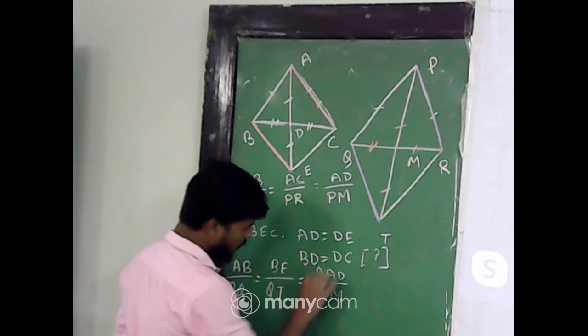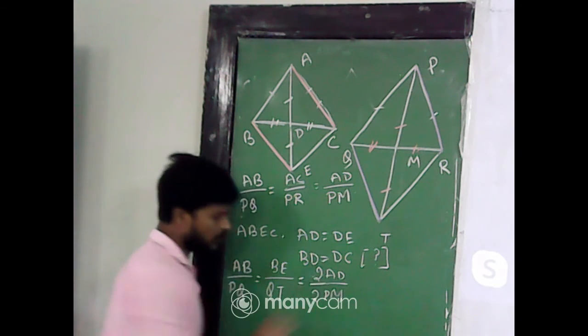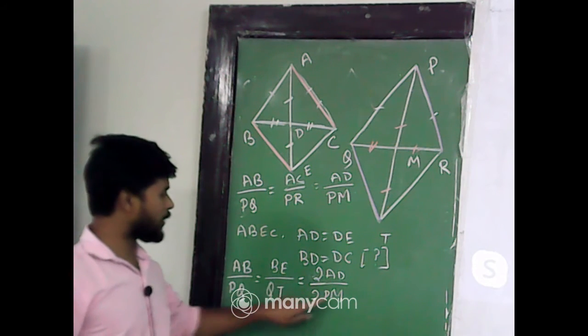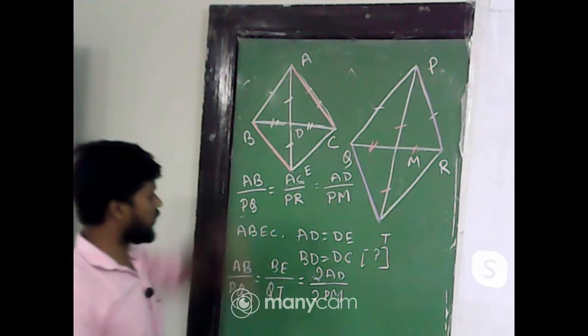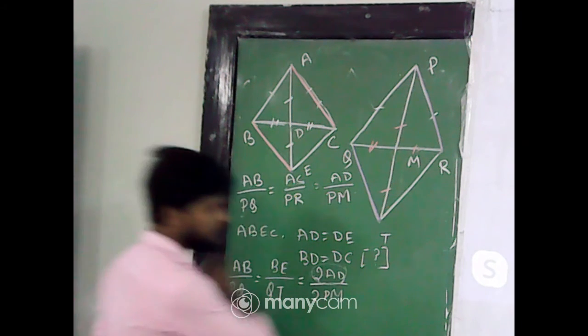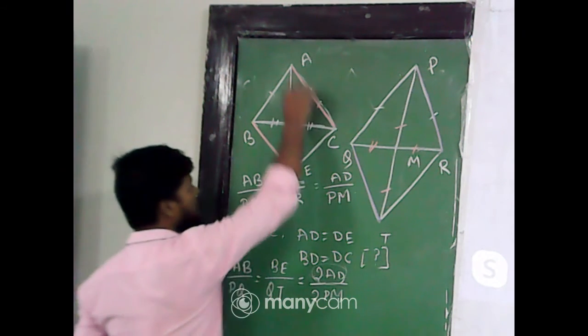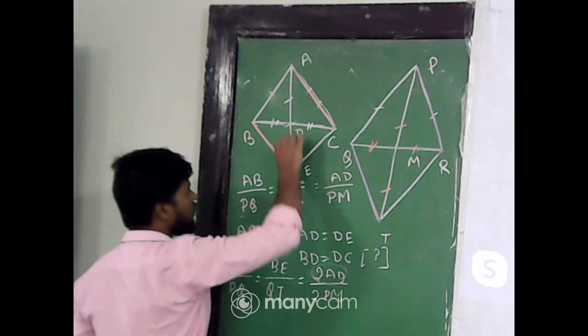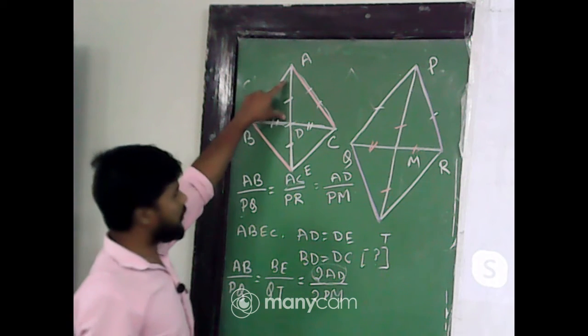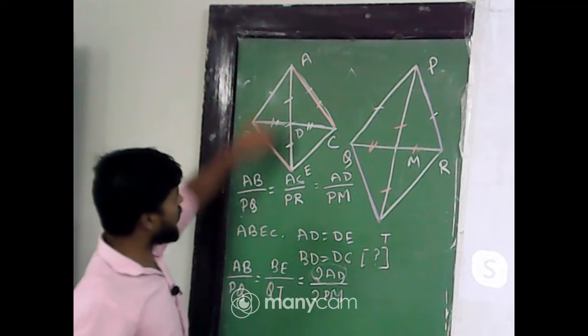Now do one thing, multiply the numerator and denominator by 2. So twice AD by twice PM. Now from the diagram, can you tell me what is the value of twice AD? This is the midpoint of the diagonal AE. So twice AD will be the total length AE.